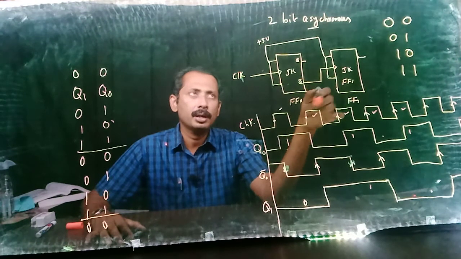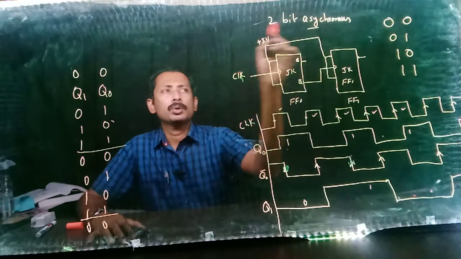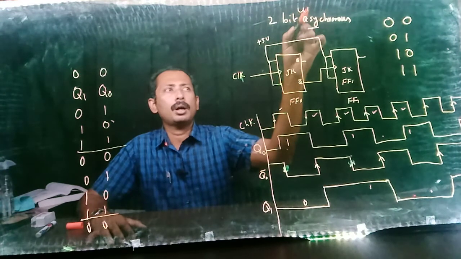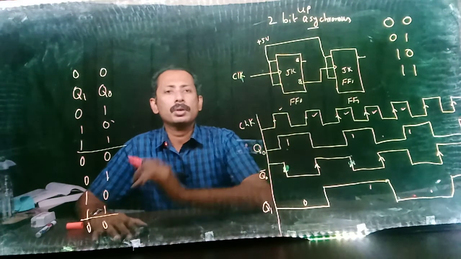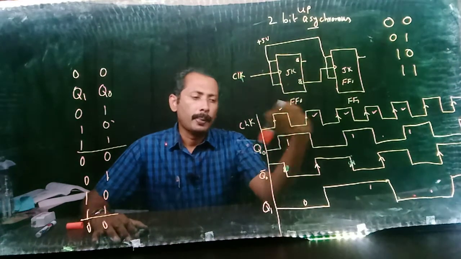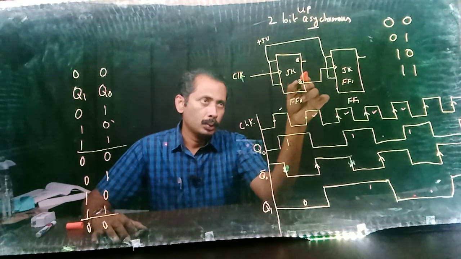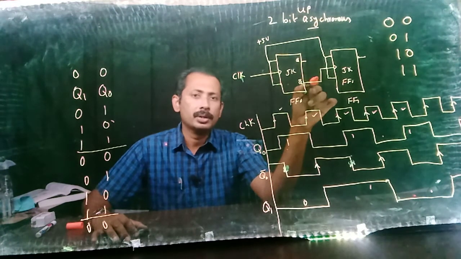So this is an up counter, because it counts up from 0 0. This is the circuit for the 2-bit up counter, asynchronous type.